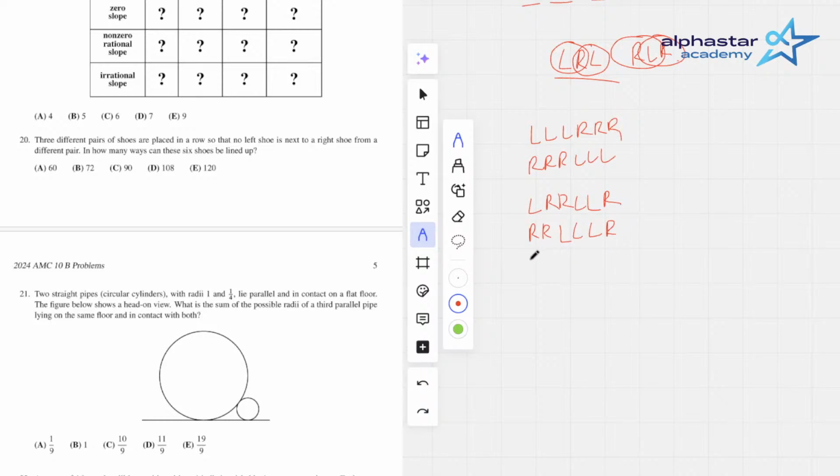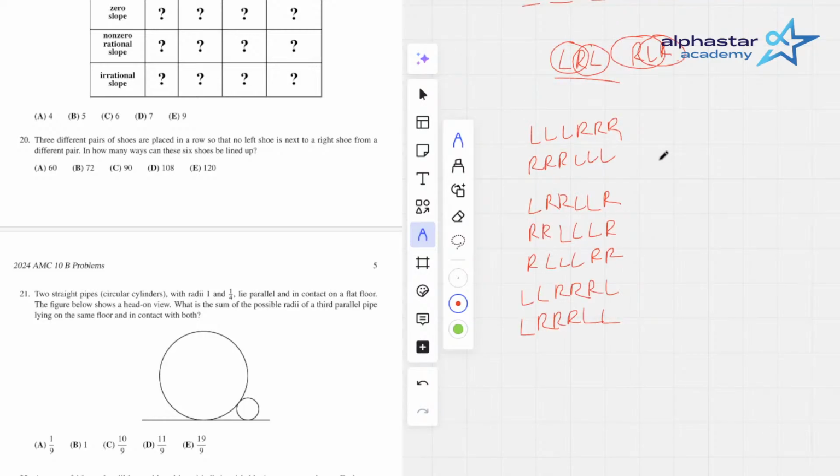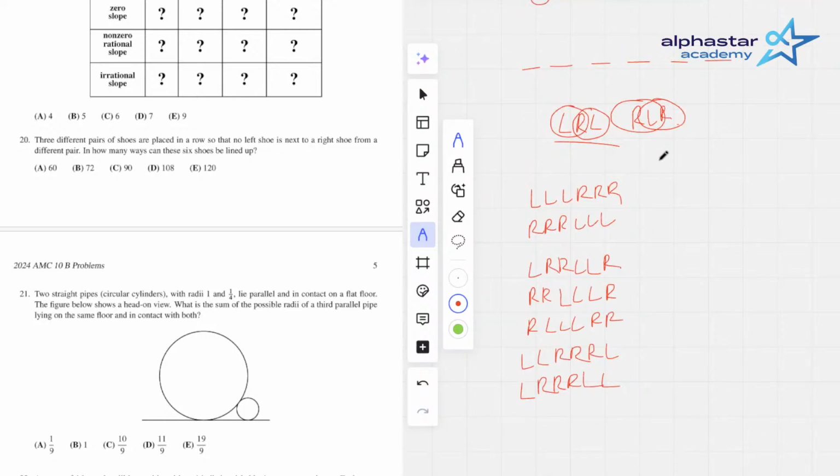And then similarly, RLLLRR, and then the inverses, right? So LLRRRL, LRRRLL. All of these work, right? Or could work.